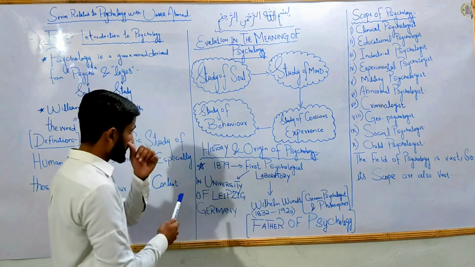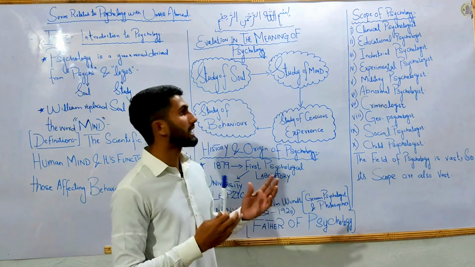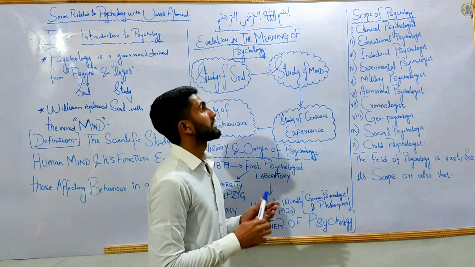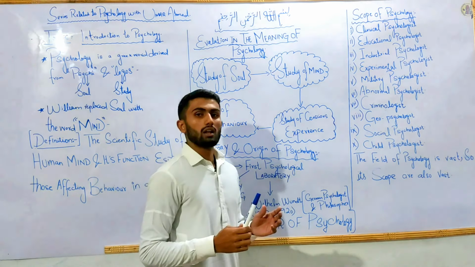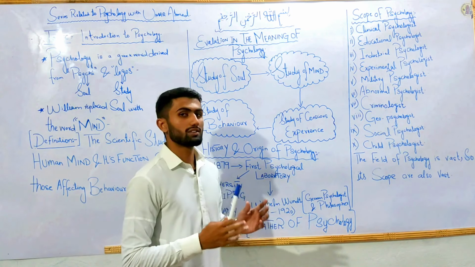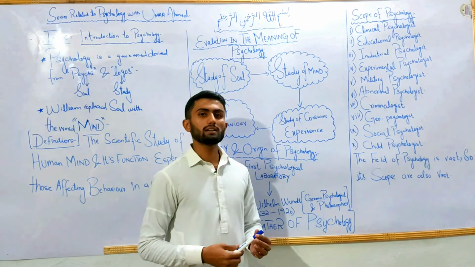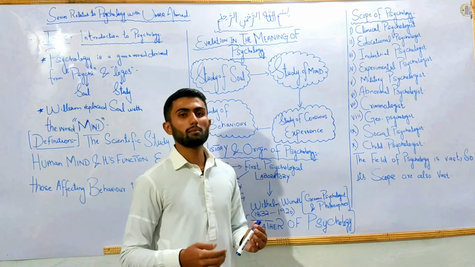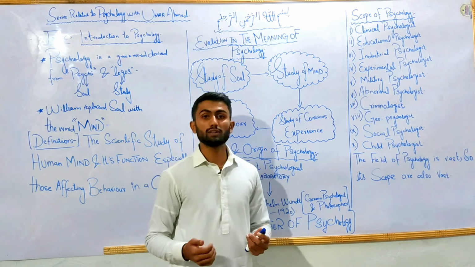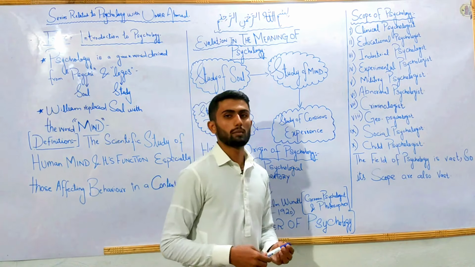After that, we will discuss the history and origin of psychology. And at the last, we will discuss the scopes of psychology. Last but not the least, at the end, I will tell you three interesting facts regarding psychology. By understanding that, you will be able to judge the personality of different friends or of your family members.